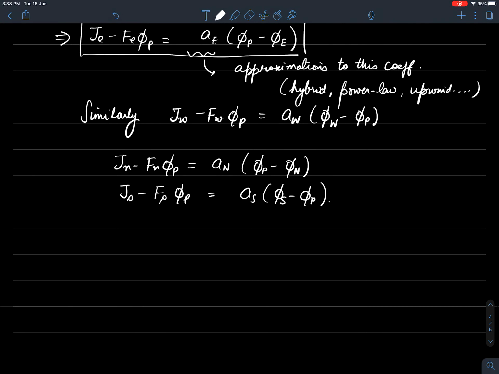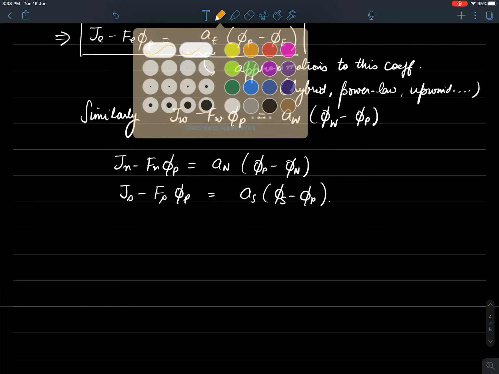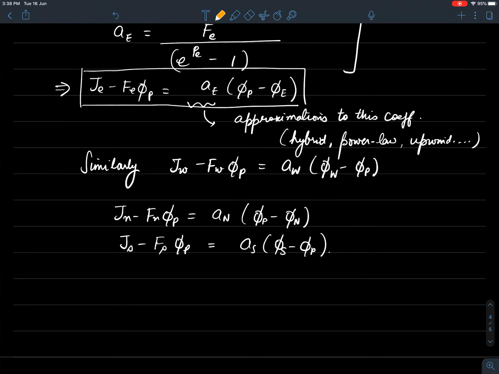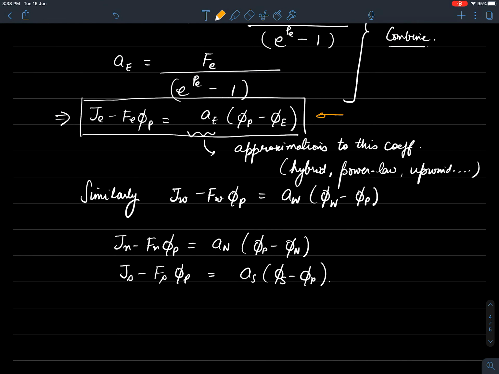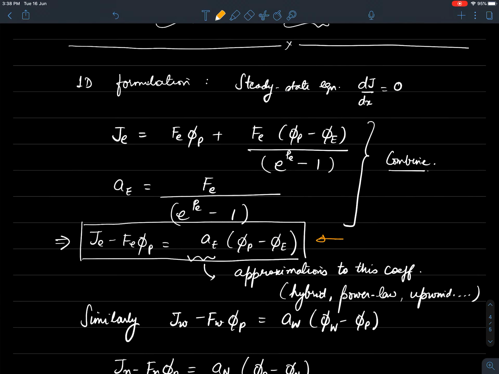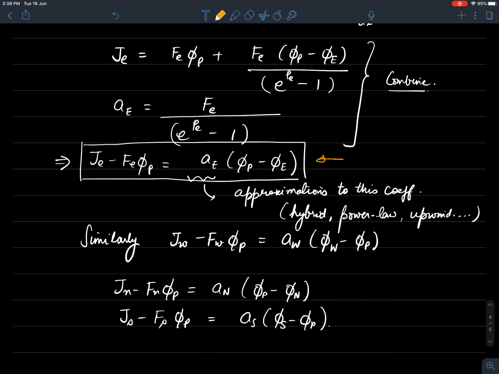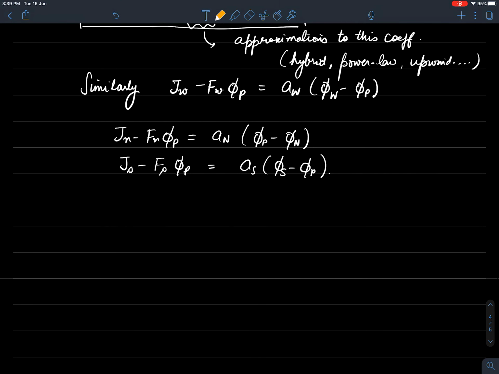So what I'm going to do is replace Je minus Fe phi p by the right hand side, which is Ae times phi p minus phi e, and then replace Jw minus Fw phi p by Aw times phi w minus phi p, and the rest I'm hoping you will follow very soon.